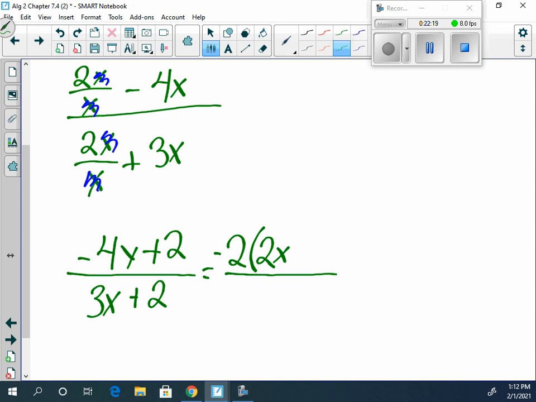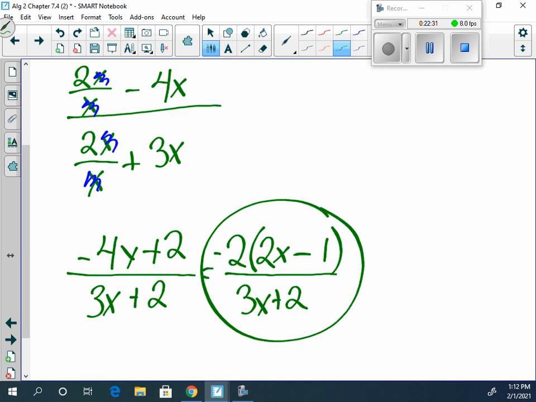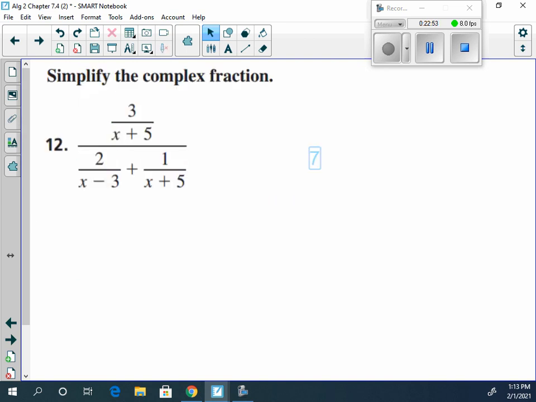Now, since I pulled a negative out, the positive becomes a negative, and 2 factored out of 2 is 1. Now, we can't do anything with the denominator, so it just stays 3x plus 2. Any questions over any of this here? Okay.